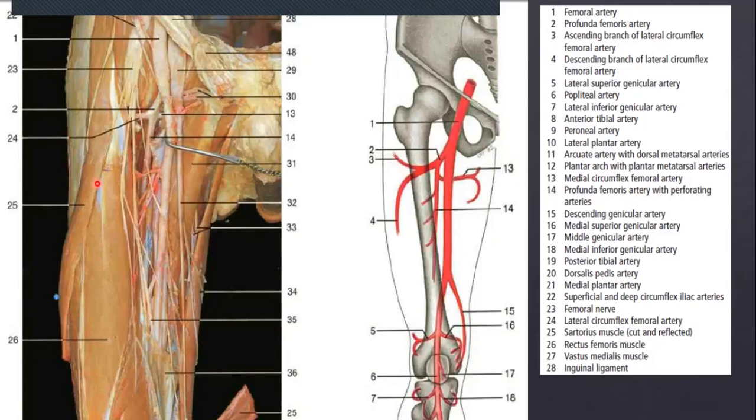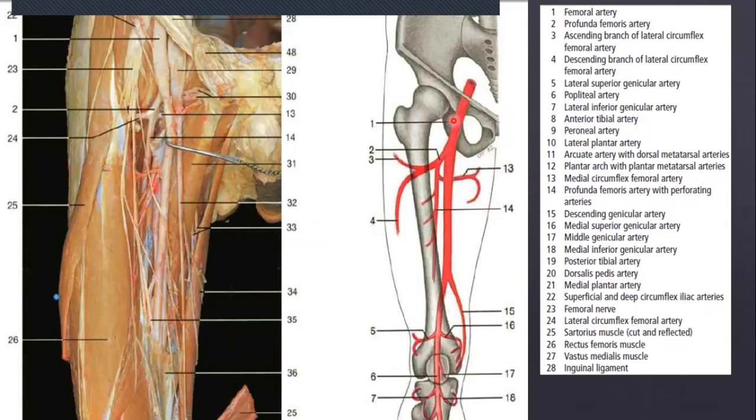Here we have cut and reflected the sartorius muscle to expose the contents of the subsartorial canal or the adductor canal. So you can see here it is running in the adductor canal. The same case applies here. You can see this is the femoral artery.